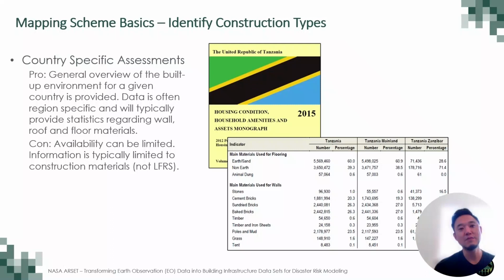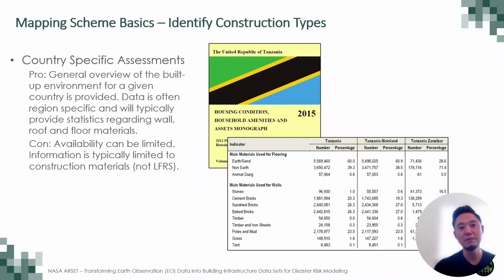So next we look at any type of country-specific assessments. This is usually in the form of census data. The census data is good because it gives a general overview of the country, and usually they provide breakouts, percentages of materials, home materials, wall materials, roofing, flooring, etc. One of the cons is that sometimes this information is limited, if you can get it, and that there's no distribution of the lateral force resistant system.